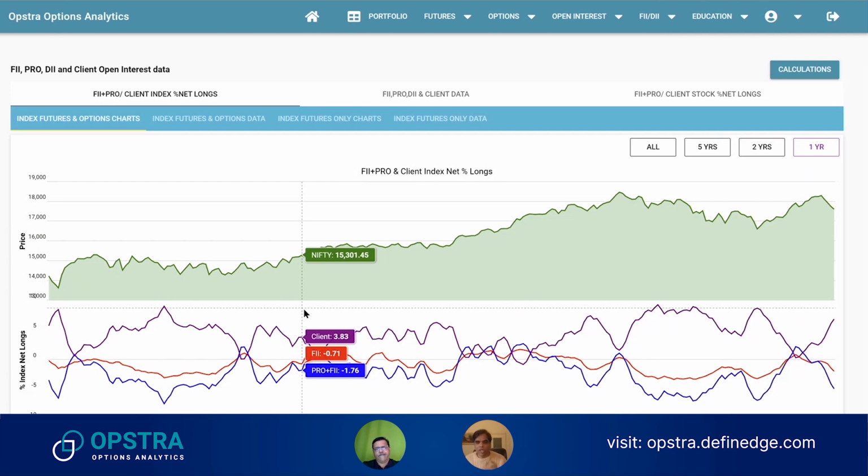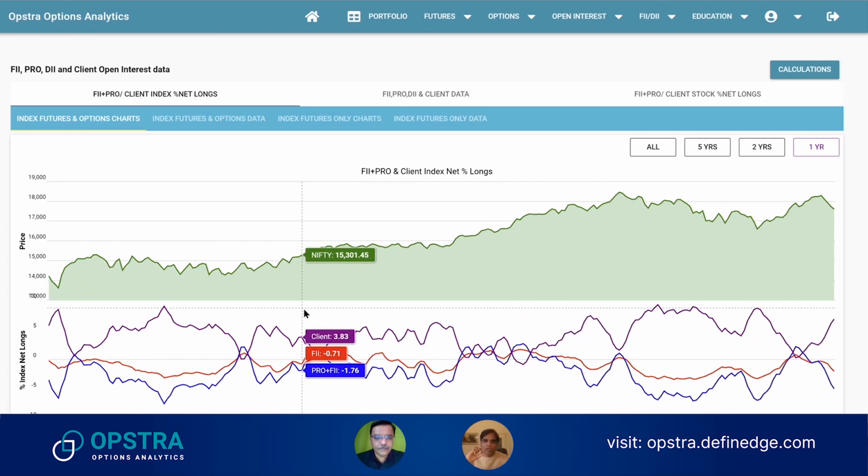So combining all this data, we have made an indicator of who is long and who is short in derivatives, both futures and options combined together.